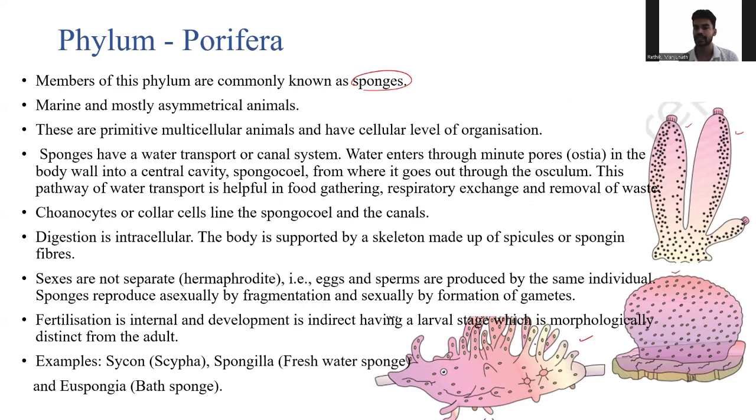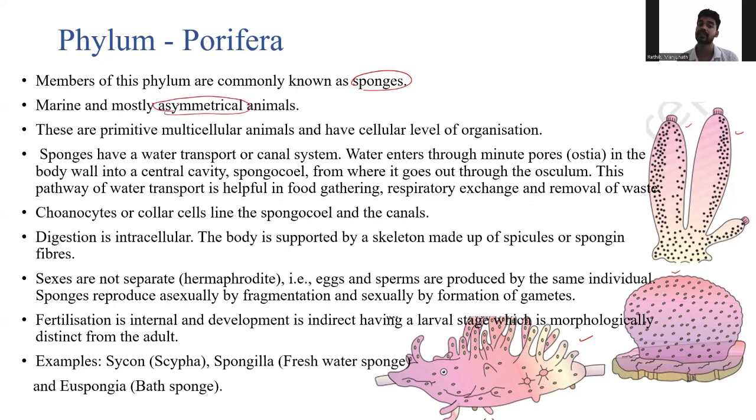These are three different examples of the phylum Porifera, and when you see their appearance, they are somewhat spongy. That's why we commonly call them sponges. Most of them are marine, and they are asymmetrical.